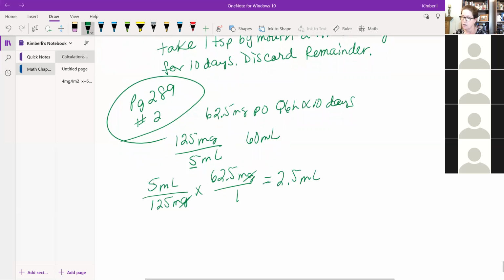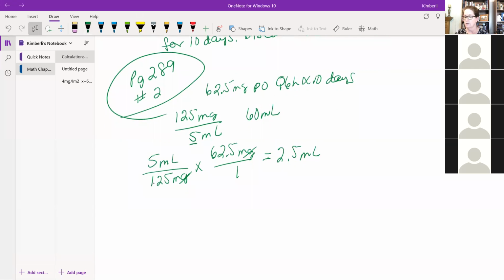Okay, so if they're taking it every 6 hours, how many doses is that? No, they're taking 2.5 milliliters, but they're taking it every 6 hours. How many doses is that? 4 doses, and how many days? 10 days.